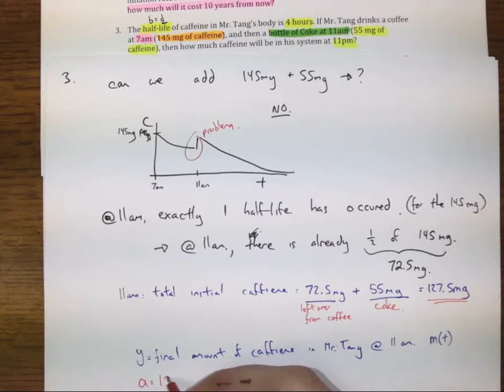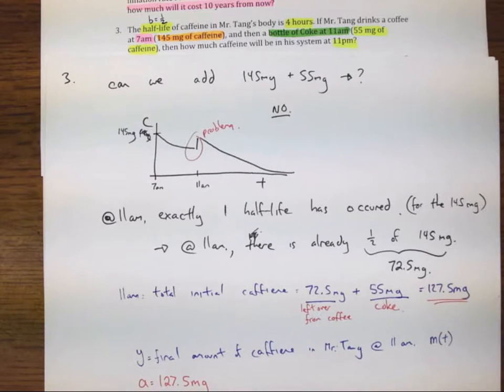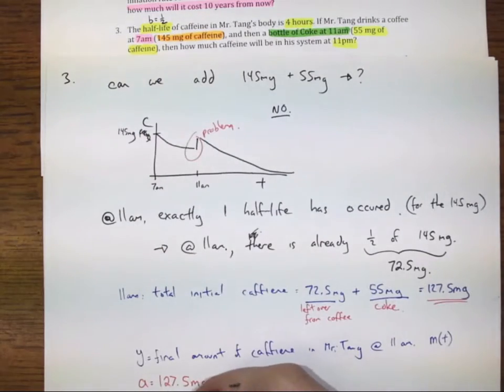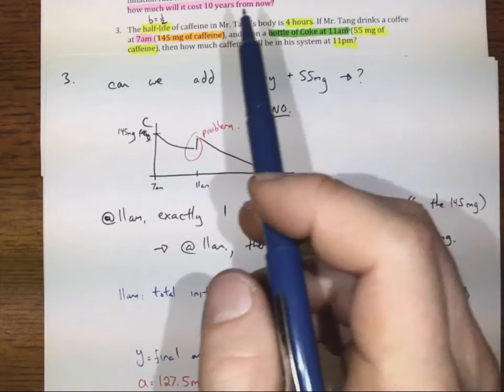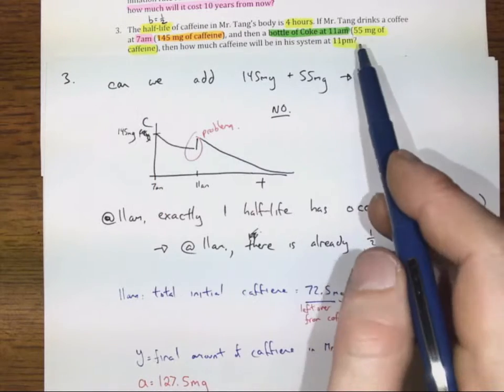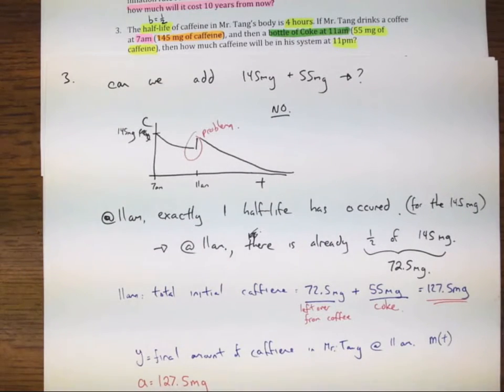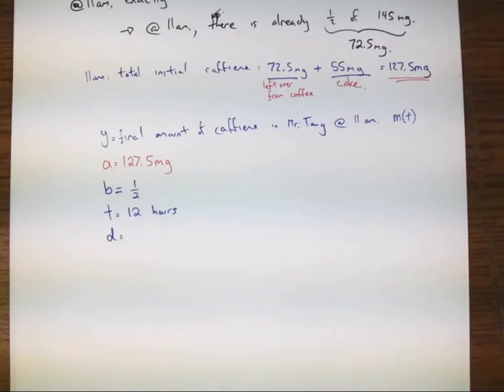Growth rate. Well, we know this is a half-life, so growth rate is going to be 1/2. Time is going to be the amount of time that elapses between 11 a.m. and 11 p.m. So that means there's going to be 12 hours. And the doubling time, the period. Oh, I'm sorry, I didn't realize I was writing off of the screen. The period is 4 hours.